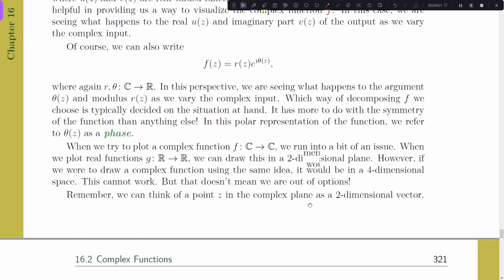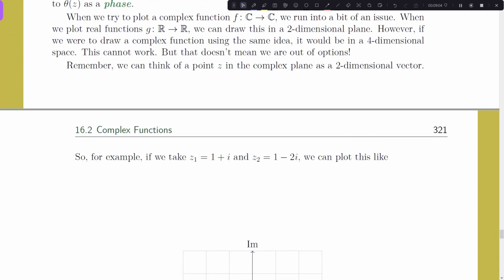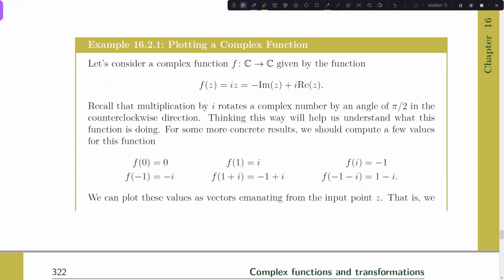It's a very useful way of interpreting these functions because, let's scroll down here, if we interpret that complex valued function as a vector field, if it's defined as iz, we can interpret the outputs now as the negative imaginary part of z plus I times the real part of z.